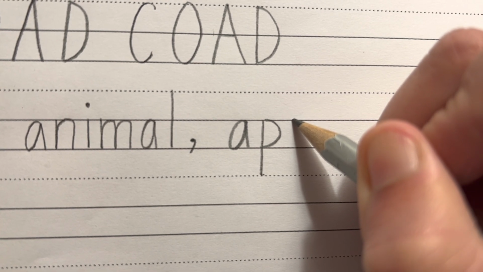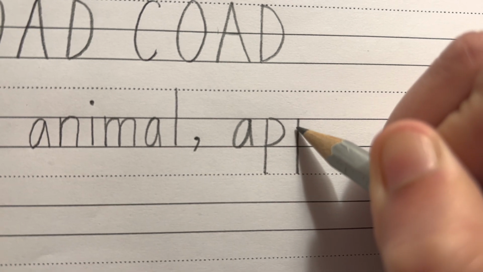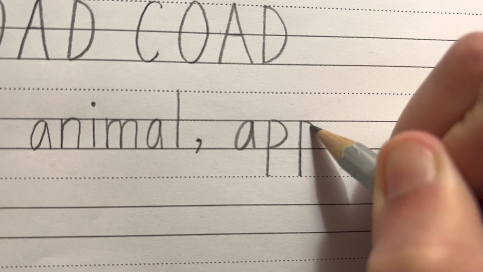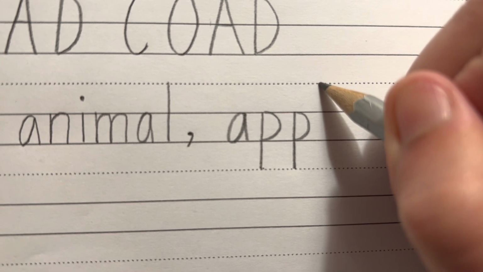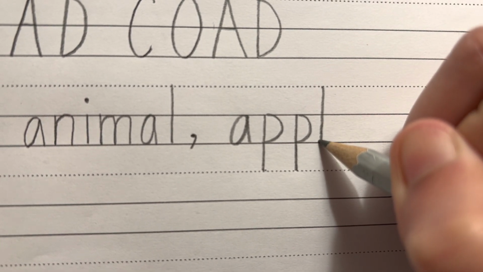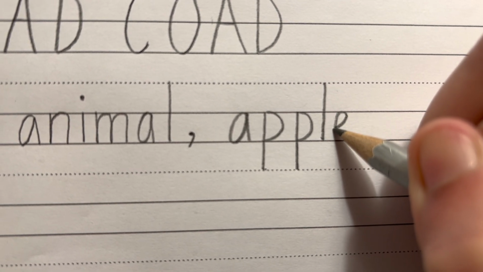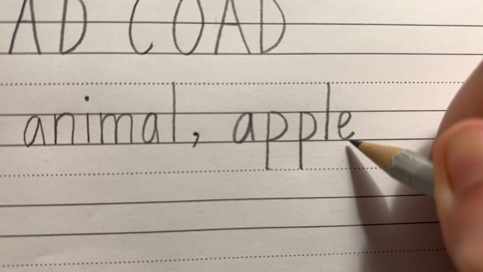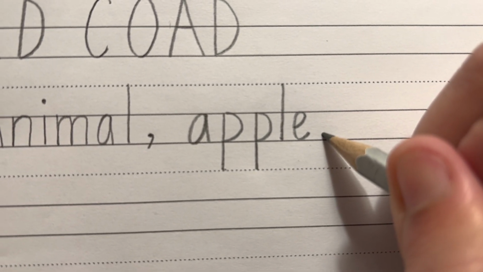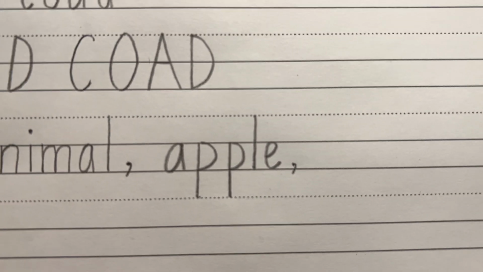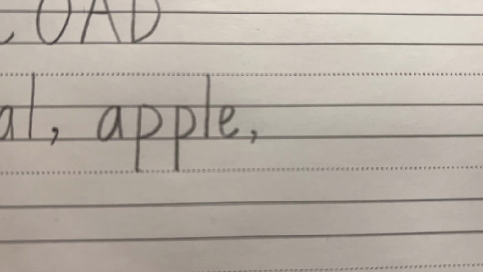Another P, not from the dotted lines, you start from the solid line, going down and join together. For the L, you start from the top dotted line, going straight down to the bottom solid line. And for the E, you go around, touching top and bottom solid line for apple. You can start writing your word apple, A-P-P-L-E.